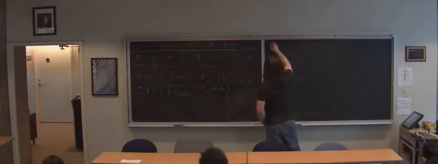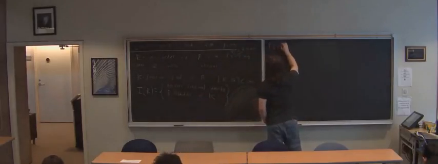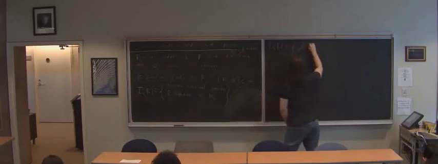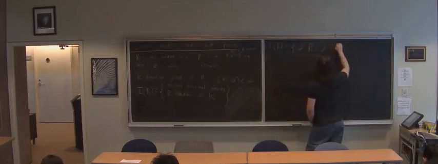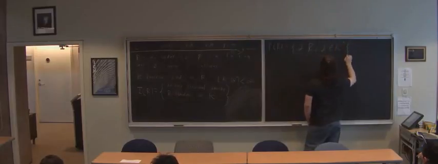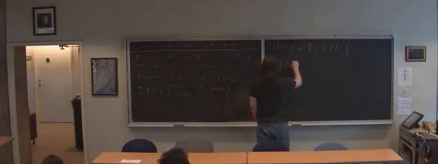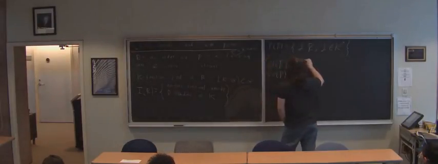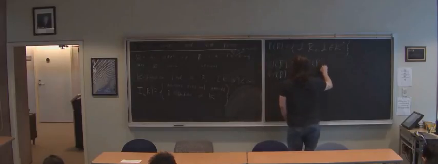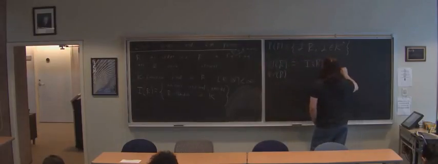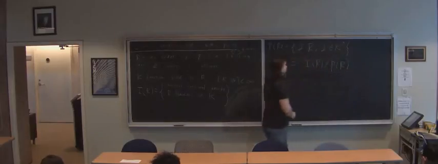I of R is non-zero fractional invertible R submodules, and P of R is the set of principal ideals. Okay, and then we define the class group of R, sometimes written as Pic of R, because it's Pic of Spec R, just as I of R modulo P of R.